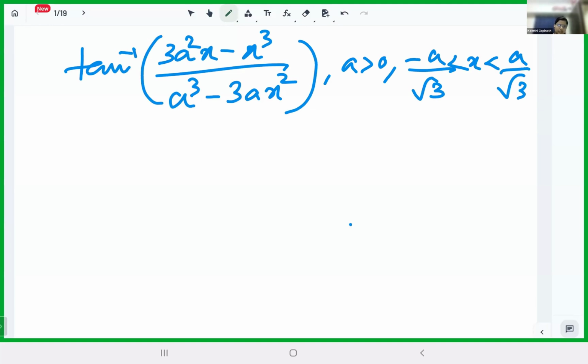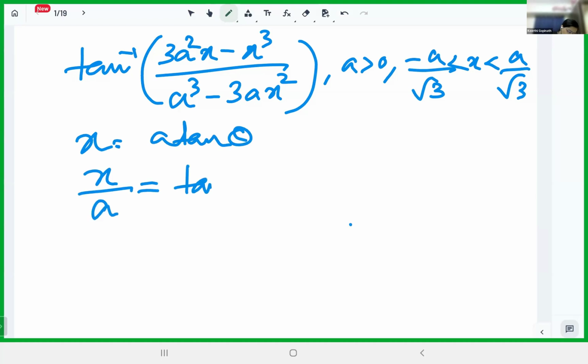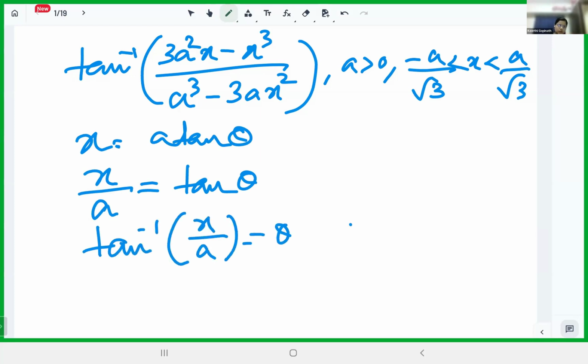Just find the simplest form by substituting a value for x. Here I am going to take x is equal to a tan theta. Similar to the previous question, x by a will become tan theta, then tan inverse of x by a will become theta.